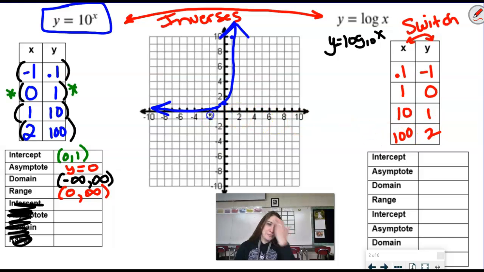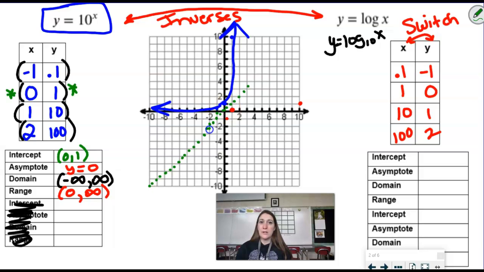So let's take a look. If I were to graph (0.1, -1), it's like right there, kind of, not really. And then (1, 0), and then (10, 1). And that doesn't really give me a lot to work with. Now, the other thing I want you to remember about inverses is they reflect across the line y = x.